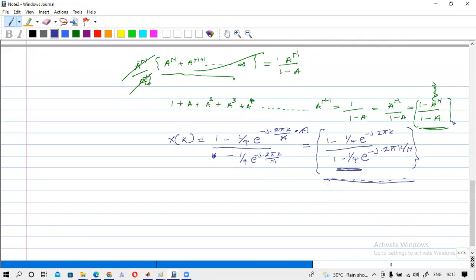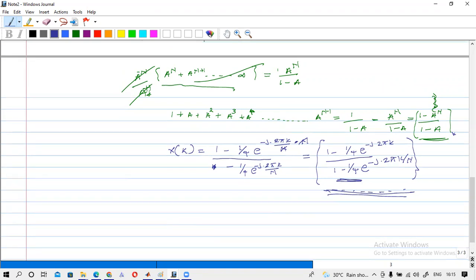Please, when you are doing this, check whether I am making any plus or minus change. Sometimes when I am doing the calculation, I make that mistake very often. So please check whether I am making any minus or plus mistake.